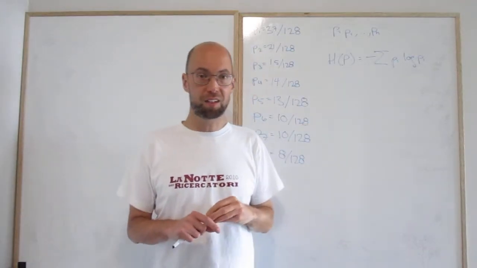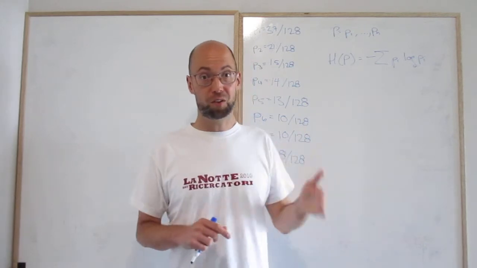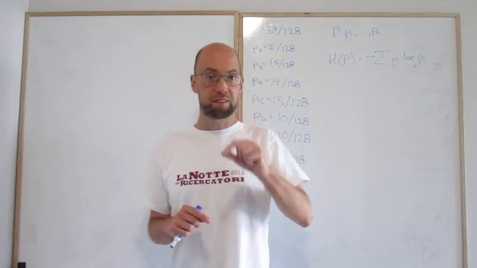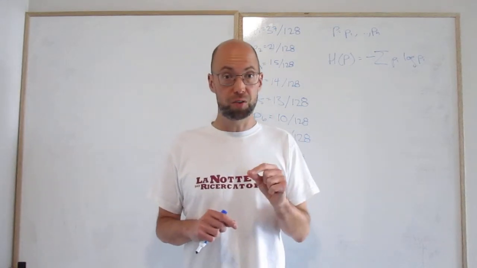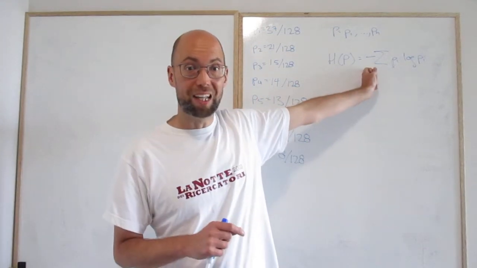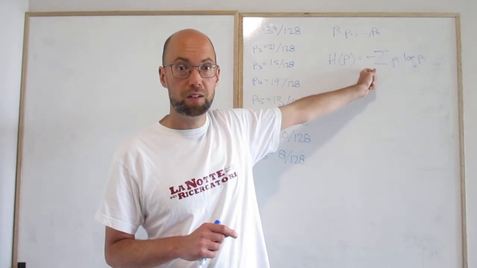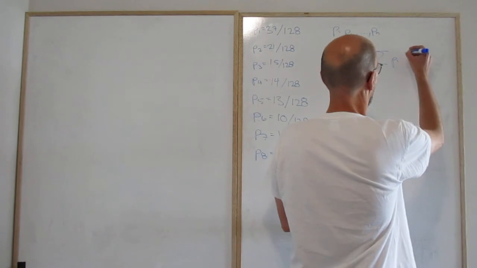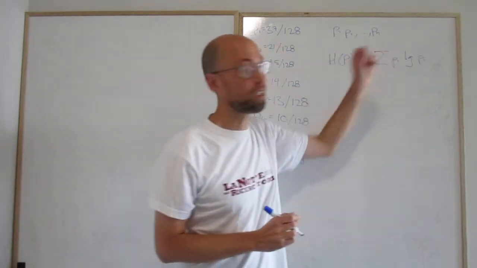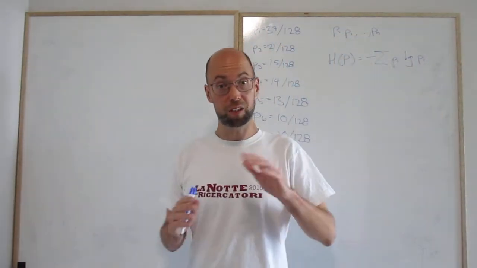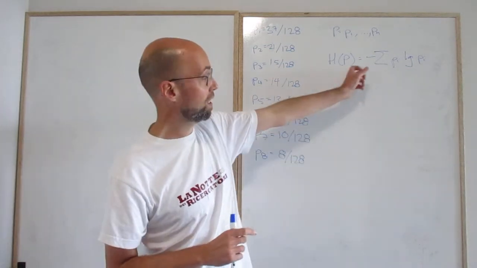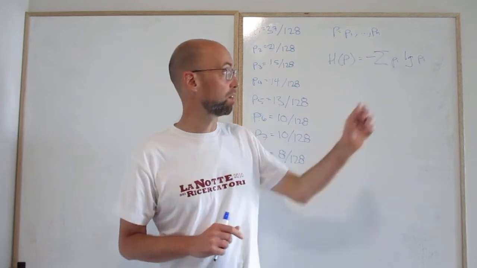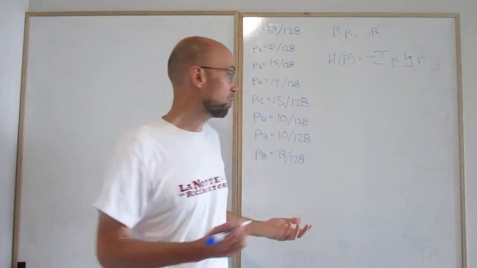So the first part of the noiseless coding theorem, the lower bound, says you can't design a prefix-free code which has expected code word length less than this. Okay, so I'm going to put log base 2 because we're going to consider binary codes and we're going to consider bits. So he said you can't design a binary code where the expected code word length is less than this. What is the expected code word length?